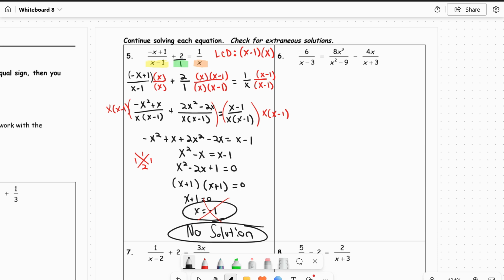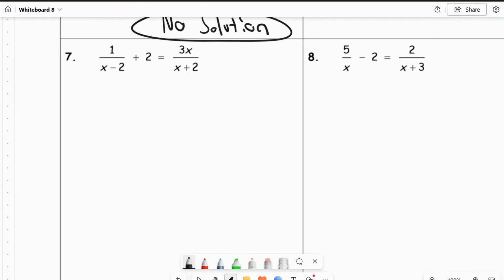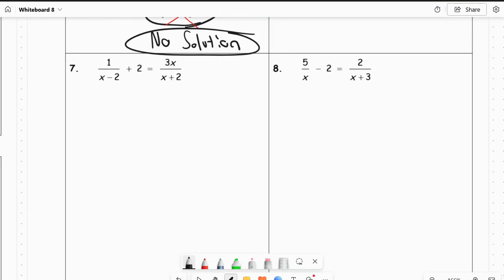All right, one more and then we'll call it good. So the last one here with number 7, same exact process as the last one. So we'll have 2 over 1. Let's identify our LCD.